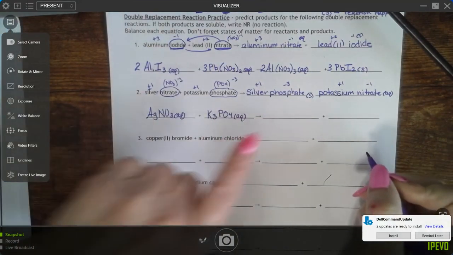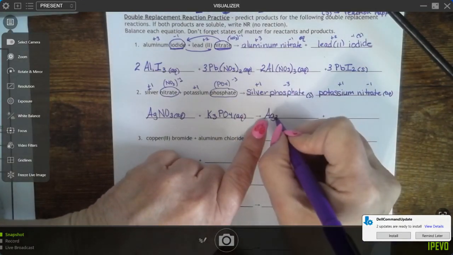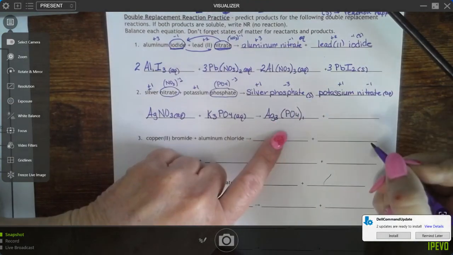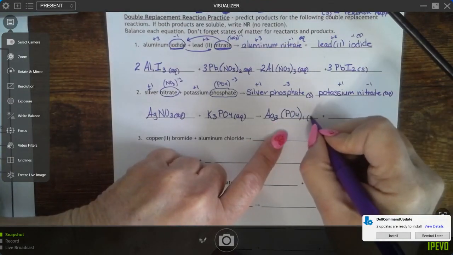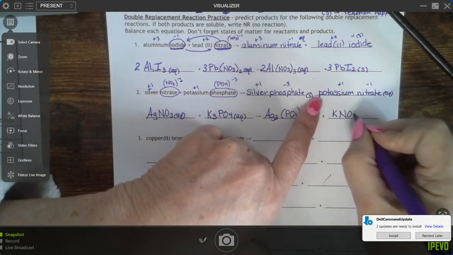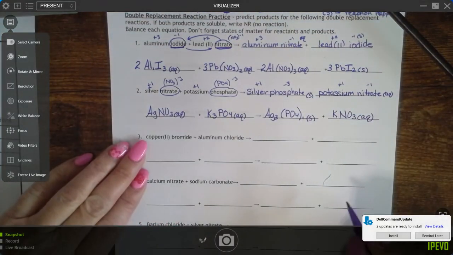All right. And then we end up with silver, Ag3PO4, and that is a solid. And then our last product is potassium, KNO3 nitrate aqueous.